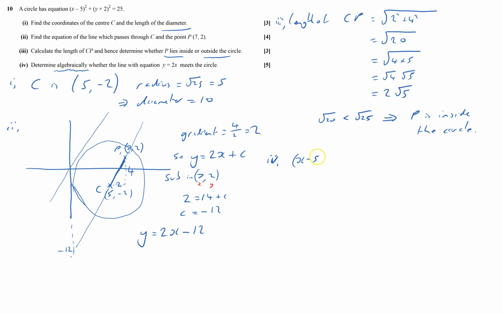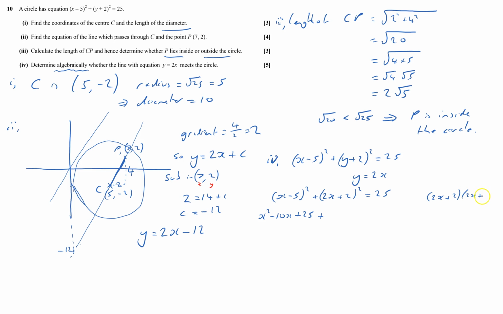So I get (x minus 5) squared plus (y plus 2) squared equals 25, and y equals 2x. I have to do it by substitution, so I'm going to substitute y as 2x, and that gives me (x minus 5) squared plus (2x plus 2) squared equals 25. Square that, that's nice and easy: x squared minus 5x, minus another 5x is minus 10x, plus 25. And this bit I'm going to do over here, because it's the sort of thing I will make mistakes with.